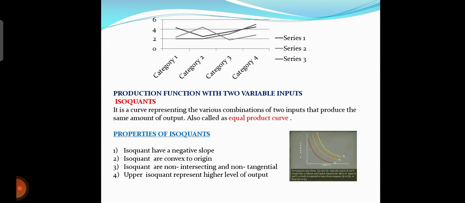Next, isoquants are non-intersecting and non-tangential. The intersection or tangency between any two isoquants implies that a given quantity of a commodity can be produced with a smaller as well as a larger input combination.